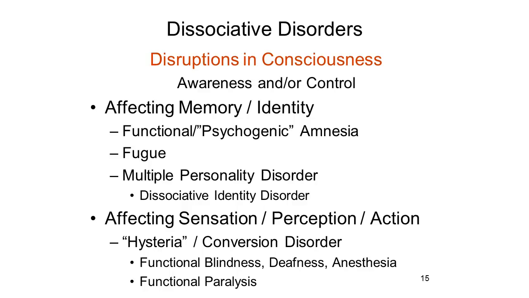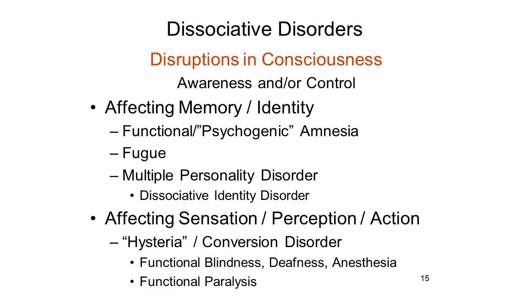Next are the dissociative disorders, very rare but very, very interesting theoretically, in which there is a disruption of conscious awareness and/or conscious control. Dissociative disorders come in two broad types, those that affect memory function and those that affect sensation, perception, or voluntary action.